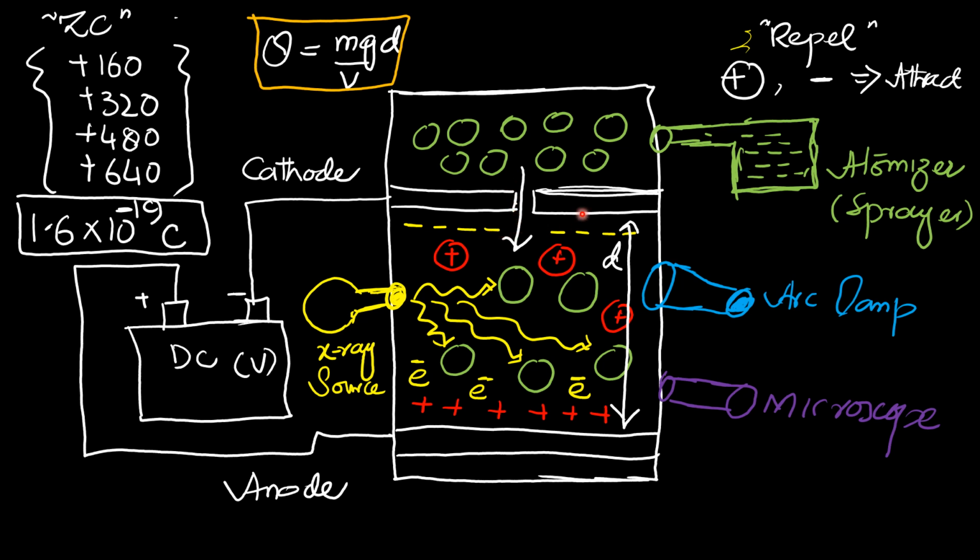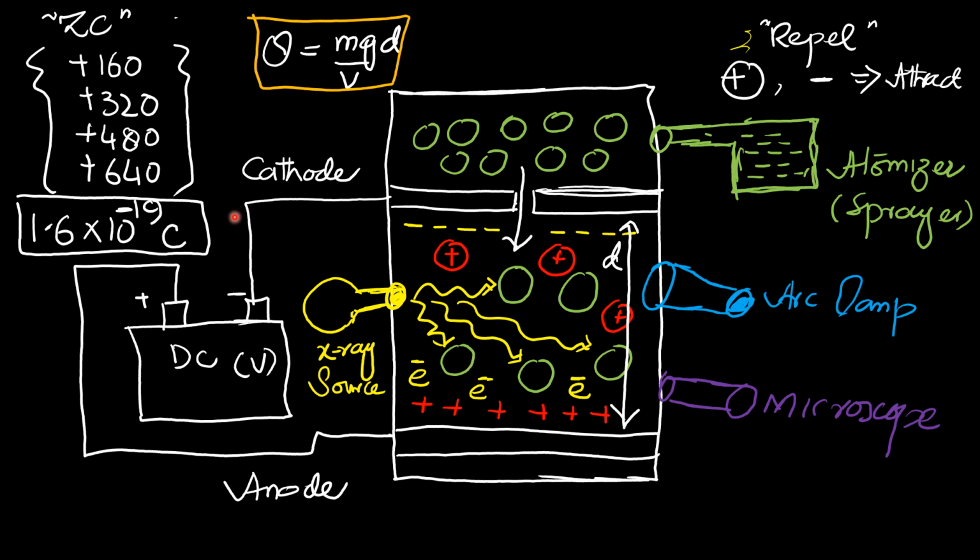And when these molecules pass through the positive and negative electrodes, they move inside the chamber. Millikan did a special trick in which he balanced the gravitational force with the electrical force, and due to this balancing, the positively charged ions become stable.